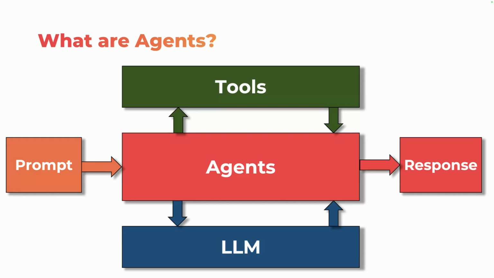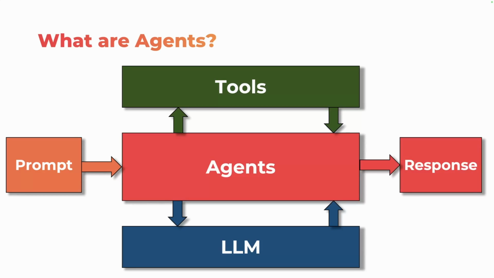But what if we are able to provide a set of tools to the LLM and these LLMs will leverage the tools that are provided? Tools could be anything like searching on Wikipedia or searching Google or making a call to an API endpoint or talking to a database.